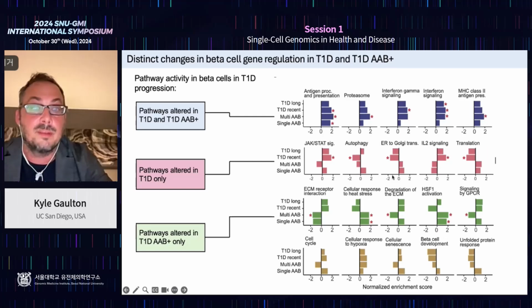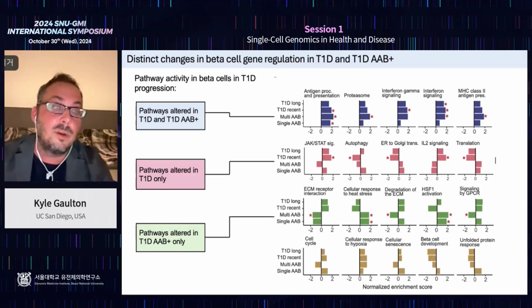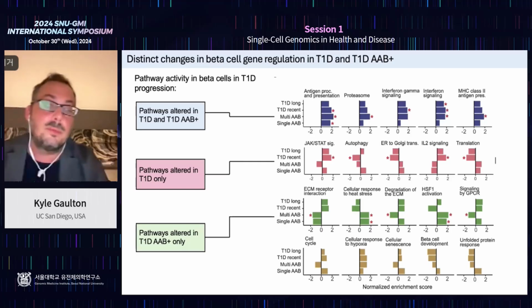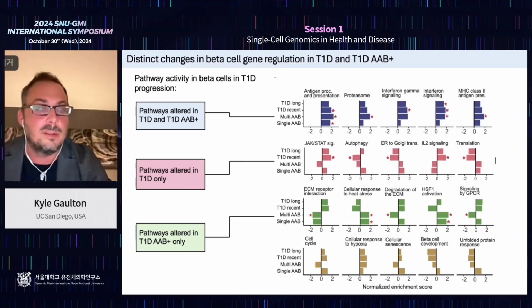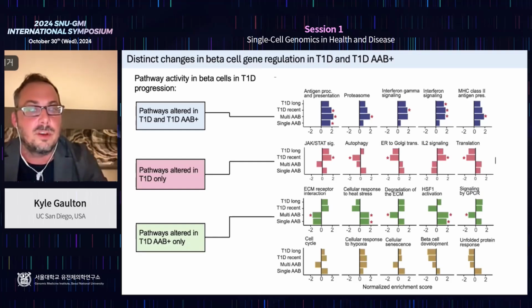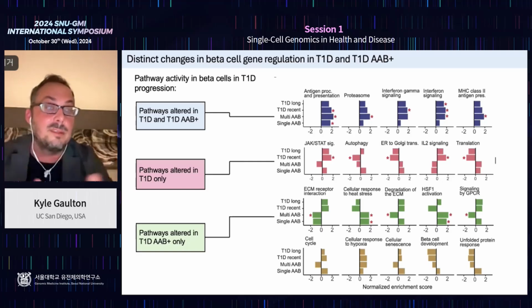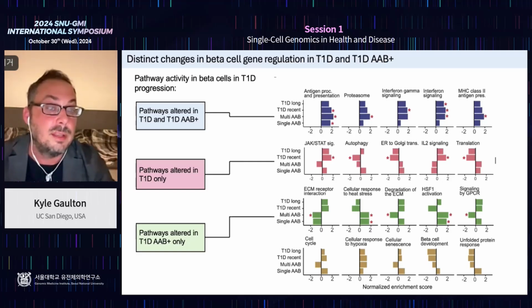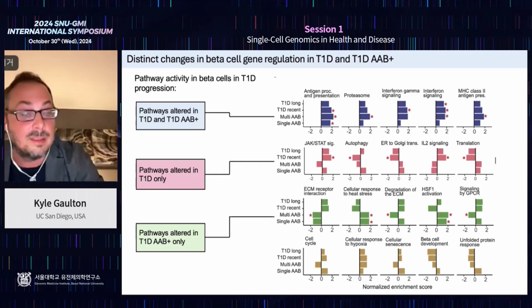But there are other pathways that are either not changed in autoantibody positive donors compared to T1D, as well as pathways that are only altered in autoantibody positive donors compared to T1D, suggesting that some of the changes that are occurring are intermediate compared to future development of disease, as well as processes that are completely distinct that are only altered in these pre-disease states that you don't see necessarily changes in disease.